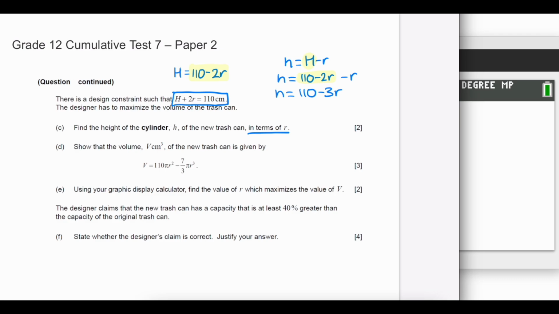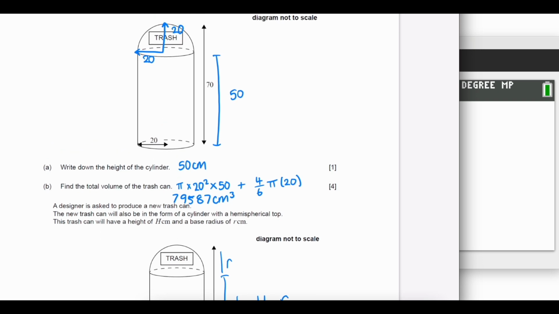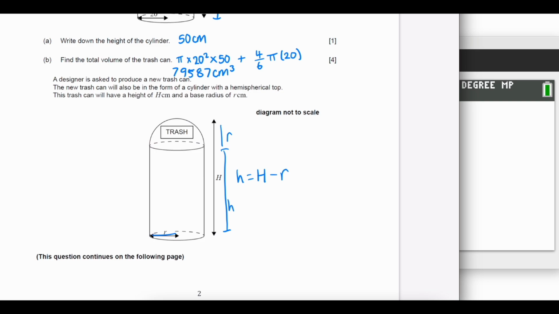Then part D says show that the volume of the full trash can is given by this here. Again, let's go back to what we did last time. We had to find the volume of the cylinder and then the volume of the hemisphere. Let's repeat that same process. I have the volume of the cylinder first, so pi times r squared, times the height.